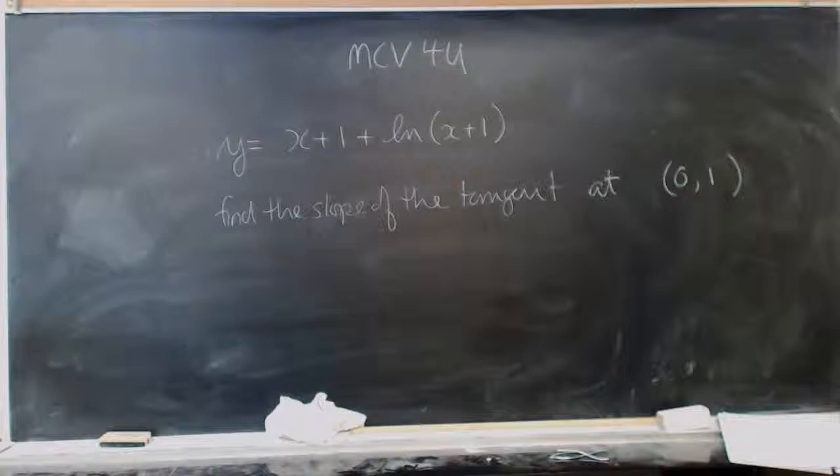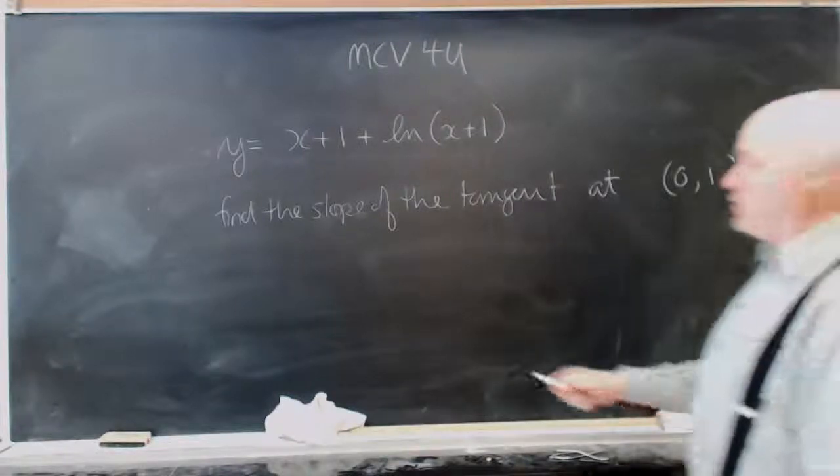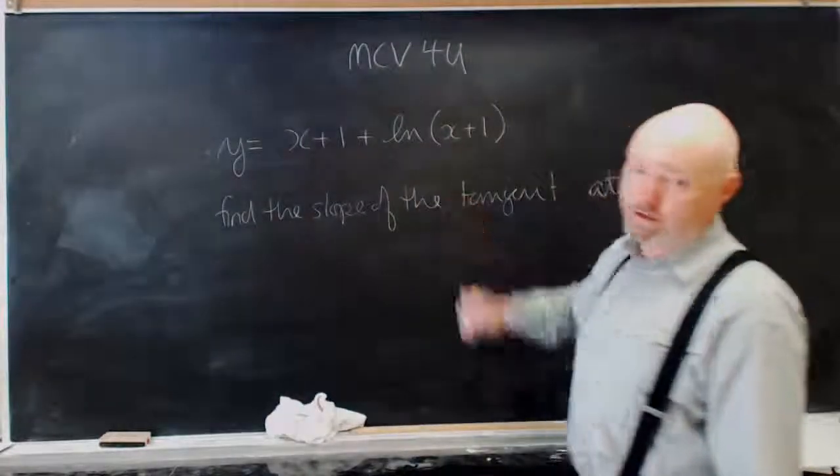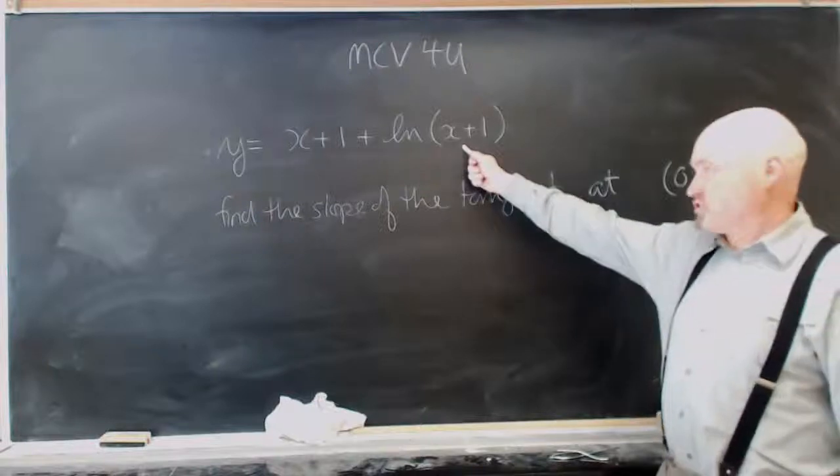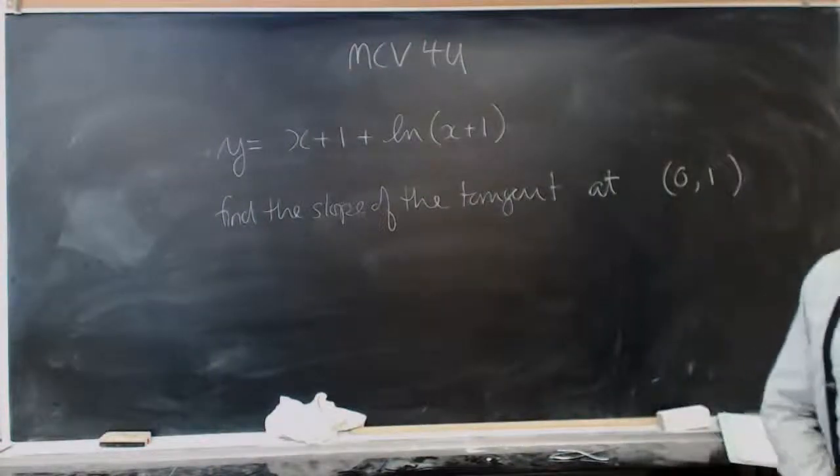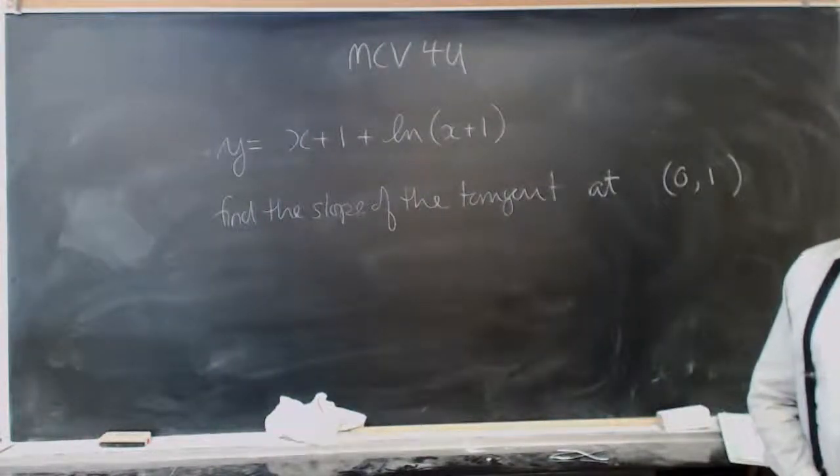So find the slope of the tangent at 0 and 1. Yeah, so there's a sum rule, obviously, right? And then there's a chain rule when we're doing that, but it actually doesn't make much difference.